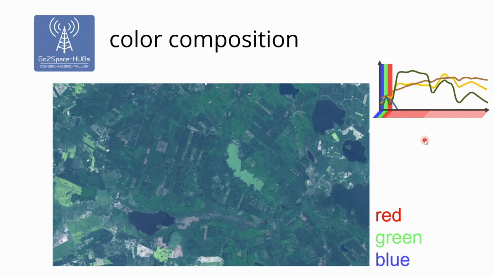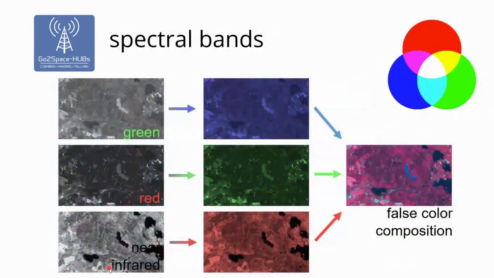Let's see how it will look when we add something more, when we change this composition, and we add, for example, near infrared instead of blue. We had red, green, and blue. Now we have near infrared, red, and green. Of course, we don't have anything like near infrared color. It doesn't make any sense. So we have to choose one of these three basic colors to put this new infrared band through.